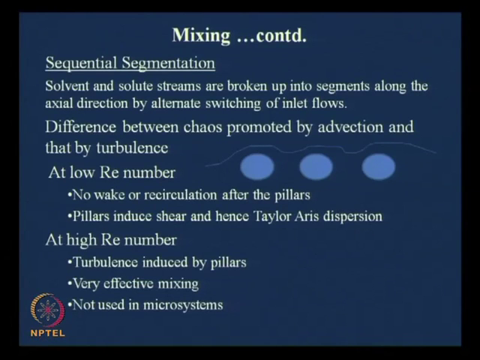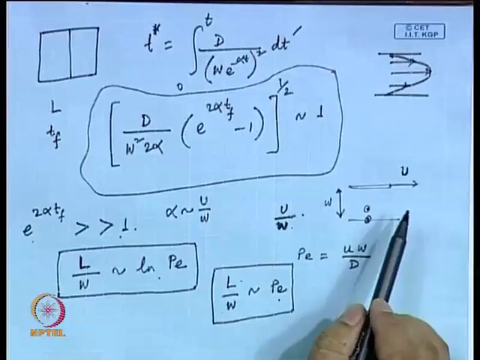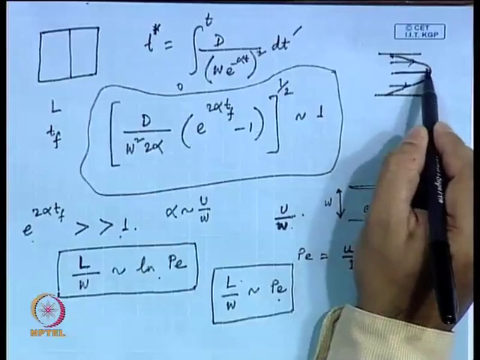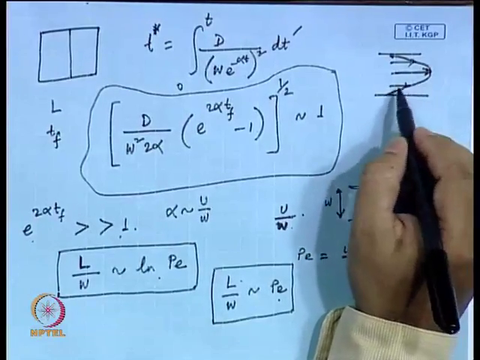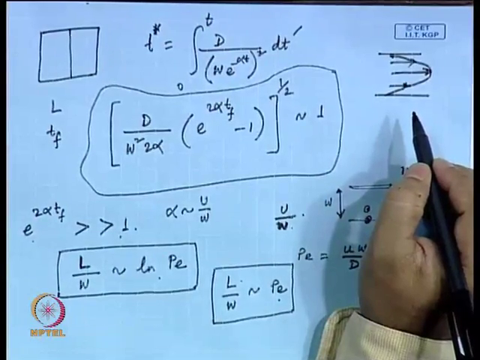Taylor-Harris dispersion is this: when you have a parabolic velocity profile, I am writing it on this paper here, one layer is moving at a higher velocity than the other layer, right.